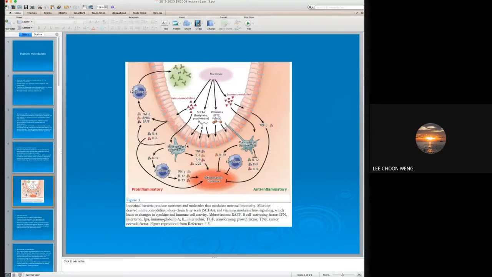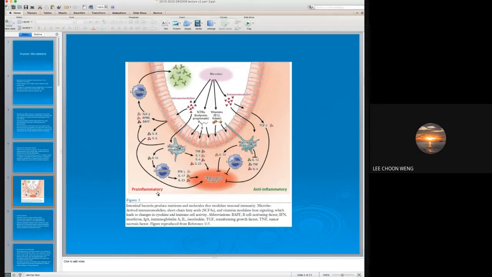So in the intestinal cavity, you have lots of microbes that are actually found interacting with your human cells. Okay, where the intestinal bacteria produce nutrients and molecules that actually modulate mucosal immunity.